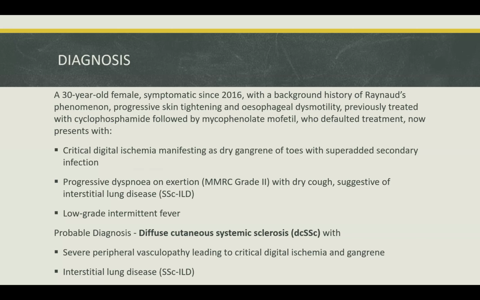And whenever we are saying interstitial lung disease, it's always better to say the patient is in MMRC 3 or 4, whatever breathlessness she has, and if she is in type 1 respiratory failure, you should say she's in respiratory failure or not. That aspect also needs to be given in the final diagnosis.